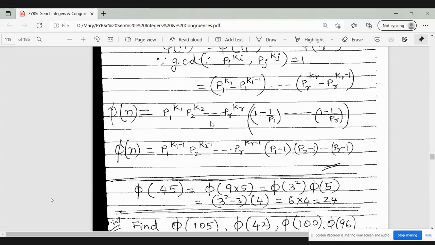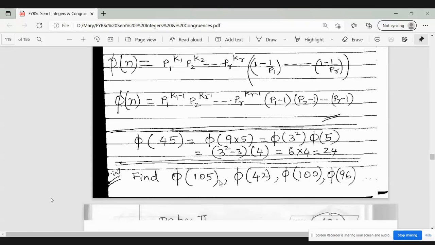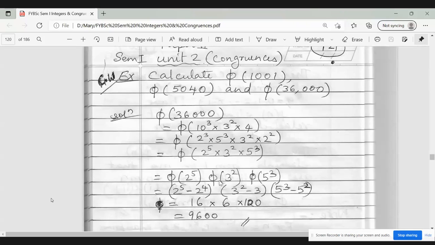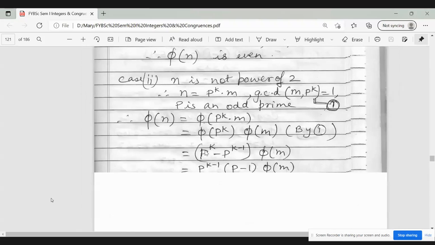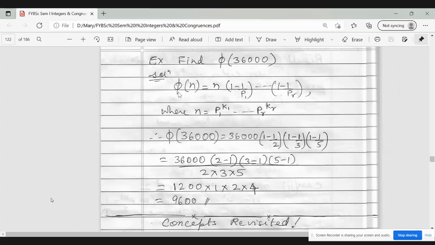This is n, whatever number, n into 1 minus 1 by p1, and so on, with the primes which are there. This can be taken as the formula also.